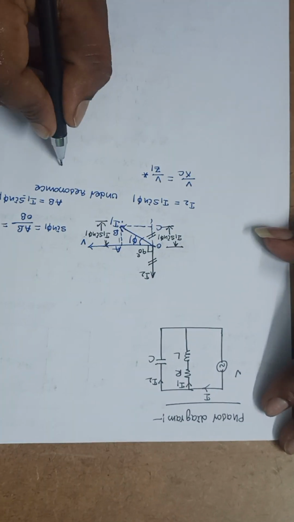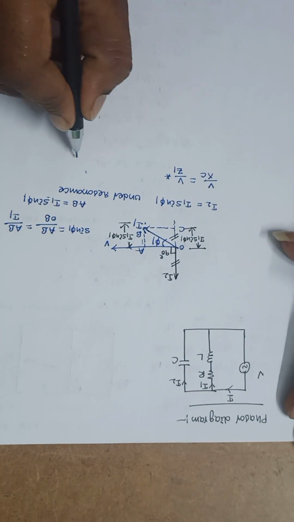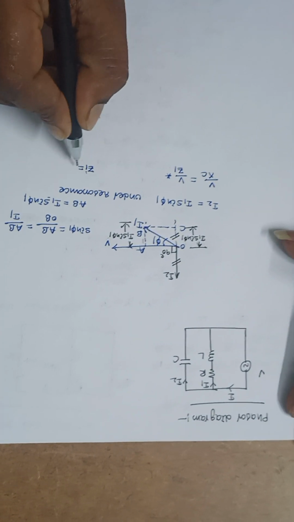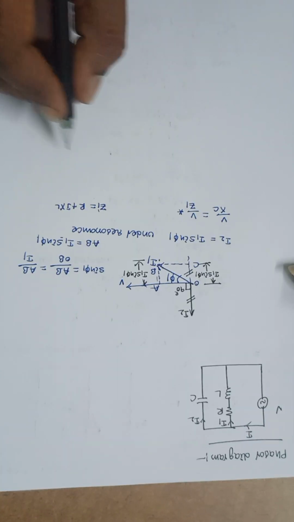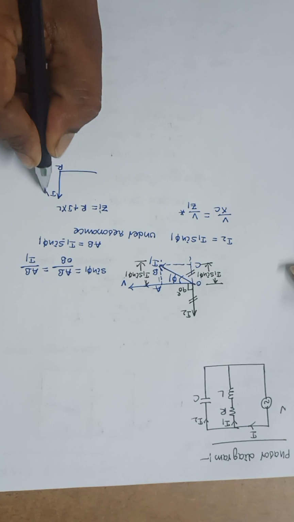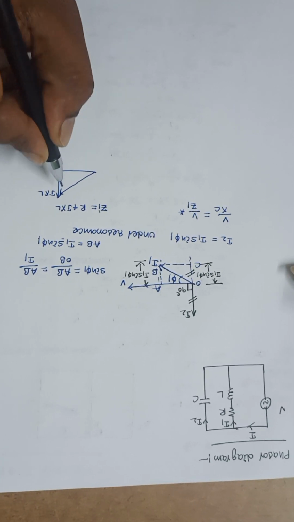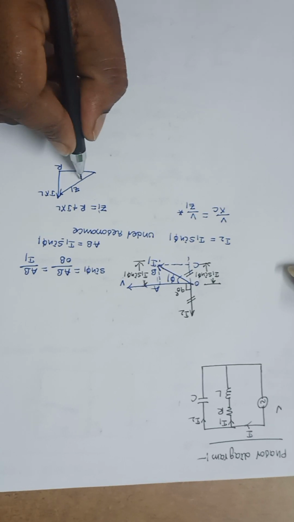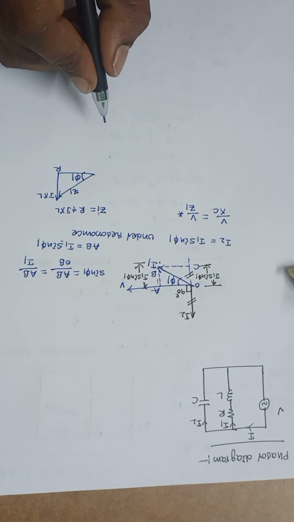So we know that if you draw this Z1, what is this Z1? R plus j XL. So this is R, this plus j XL, because plus j is nothing but plus 90 degrees. So it is Z1. We know that it is an impedance triangle and it is phi 1.